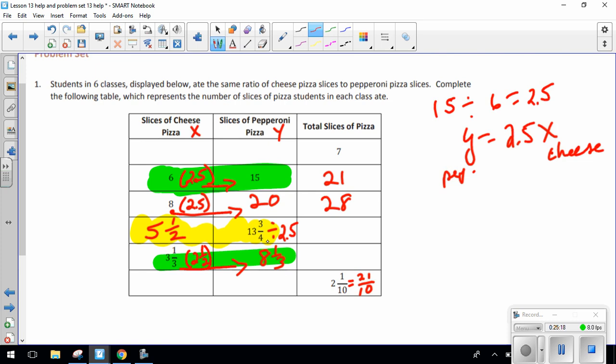5.5 plus 13 3/4, that gives me 19 1/4. And if I add 3 1/2 and 8 1/3, that gives me 11 2/3. So if I take a look at this row here, where I'm putting the dot, I know 6 plus 15 gives me 21.